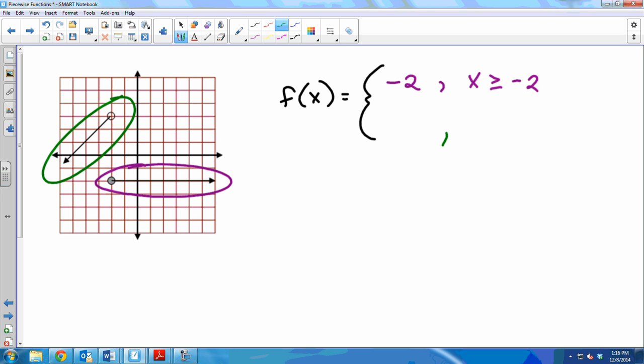Looking at the x values. Negative 2 to negative infinity. Does it include the negative 2? No, so if x less than negative 2.